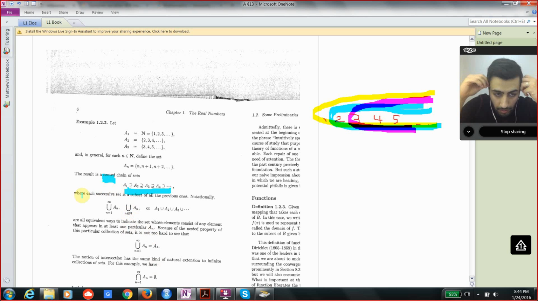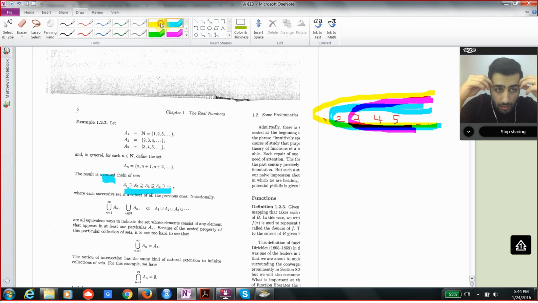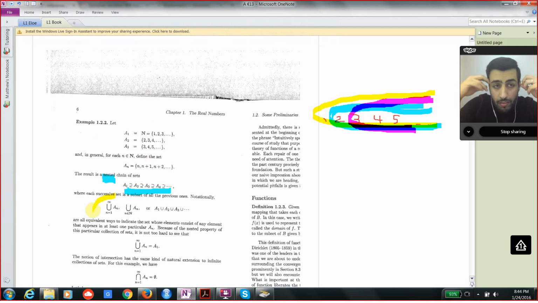This is an important notation. Notice now that I don't have a finite number of sets. This is A1, A2, A3, and so on. Sometimes we call this a family of sets.